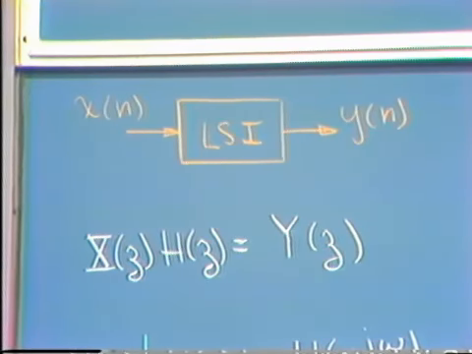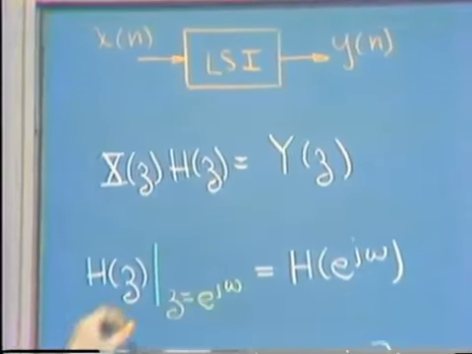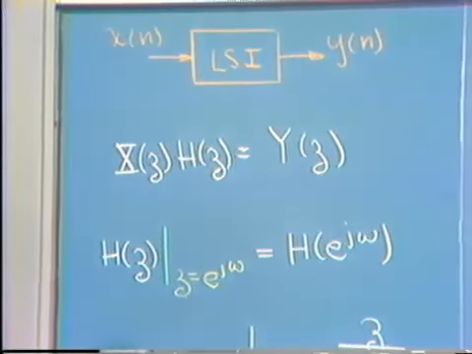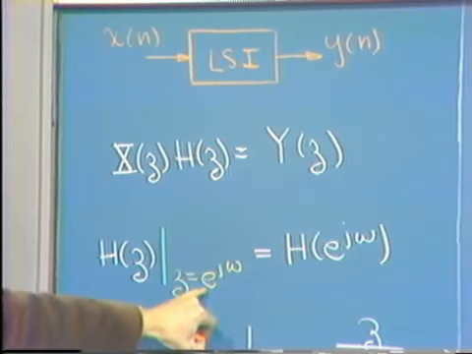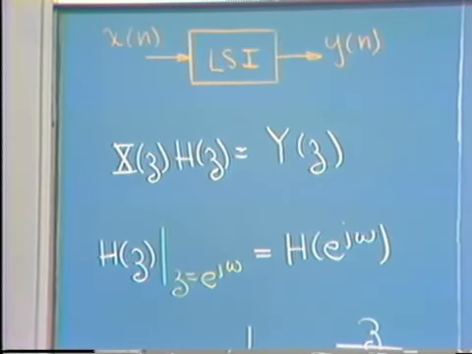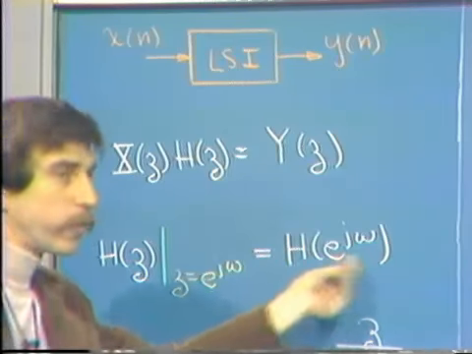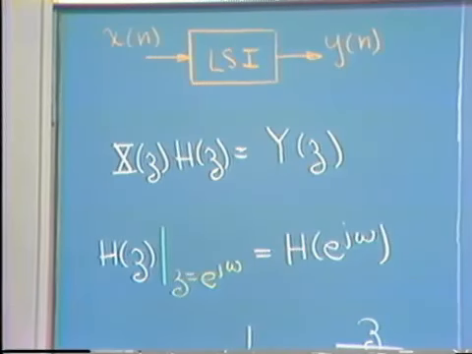So in terms of the system function h of z, if we evaluate that on the unit circle for z equal to e to the j omega, the result is the frequency response of the system, h of e to the j omega. Simply a statement that the Z-transform evaluated on the unit circle is the frequency response of the system.